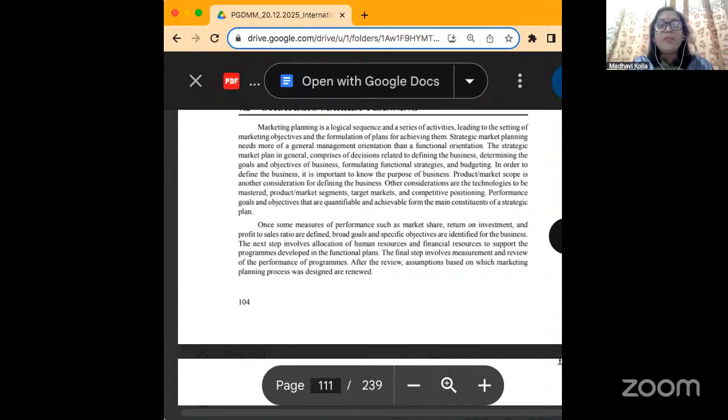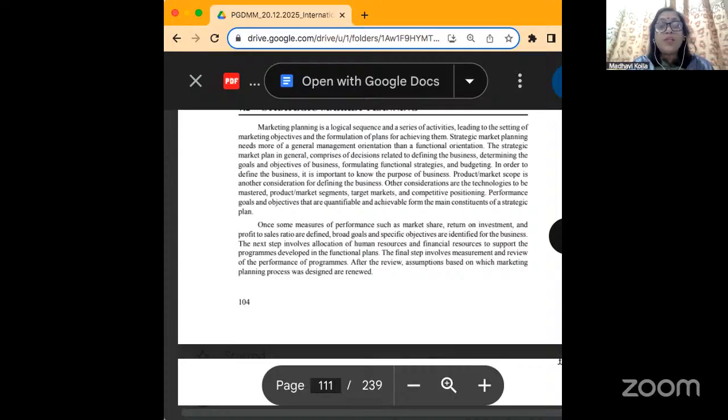So, strategic marketing planning needs more than a general management orientation. It requires a functional orientation. And what is this functional orientation? It consists of different functions: defining the business, determining the goals and objectives of the business, formulating strategies, budgeting, and so on.